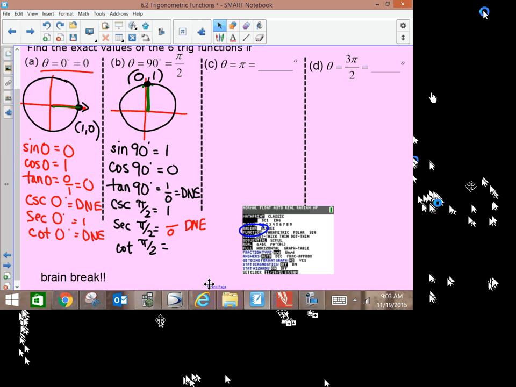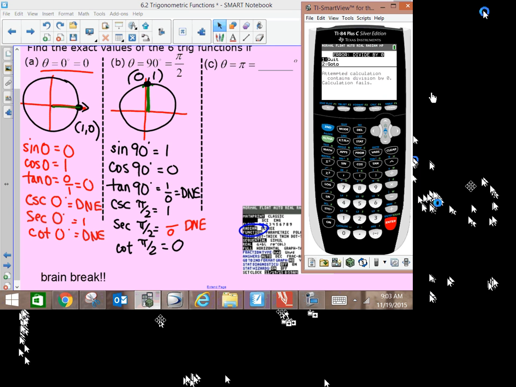And cotangent, we flip around 1 over 0. We're going to get 0. Again, if you wanted to check it, when you get an error you could see what happens. All right, let's clear. I'm going to go back to degree mode for a moment.